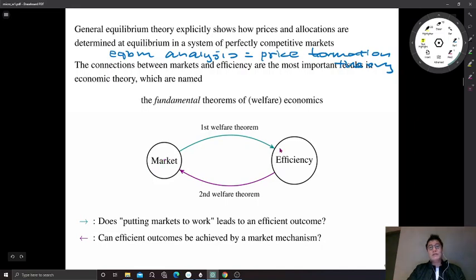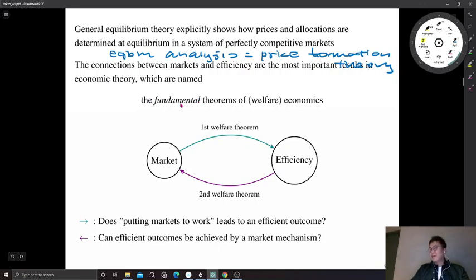And now in this video, we investigate whether that allocation determined by a certain mechanism is efficient or not. Okay, so we're going to make a link to efficiency. So from equilibrium allocation to efficiency, and that is the most important issue and most important result in economic theory. So this is called a fundamental theorem.